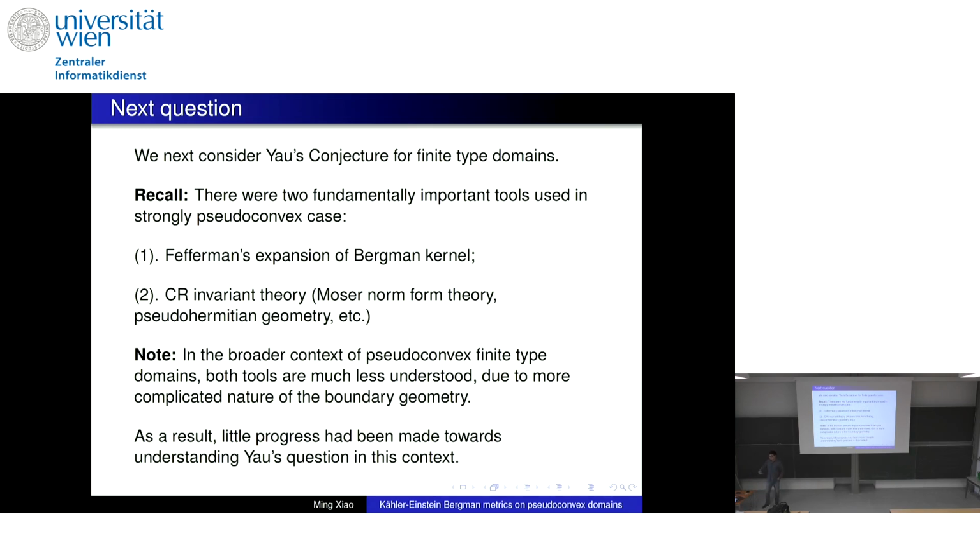So if we want to use an analogous approach for the finite type case, then one should ask, can we generalize 1 and 2 to the finite type case? There are actually some successful generalizations of 1 and 2 to the weakly pseudoconvex case. For example, for the Bergman kernel, there has been study of the fall-off rate of the Bergman kernel on weakly pseudoconvex domains, for example, by Ohsawa and by Catlin and many other people.